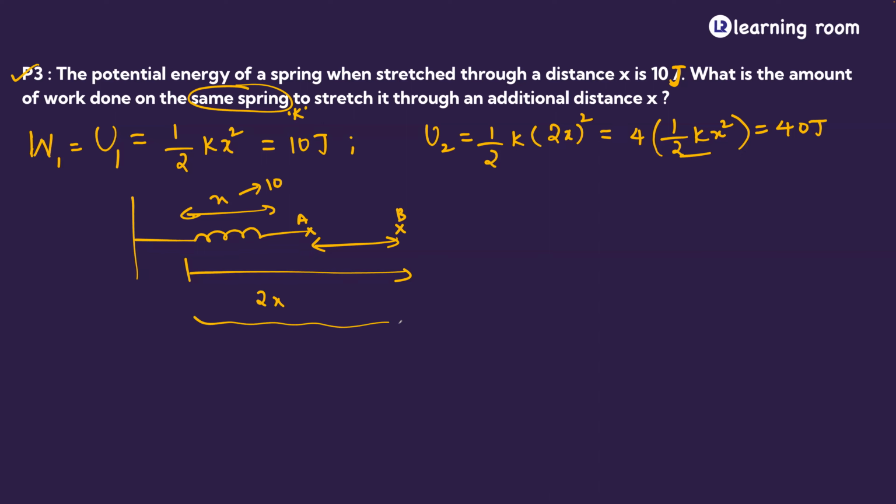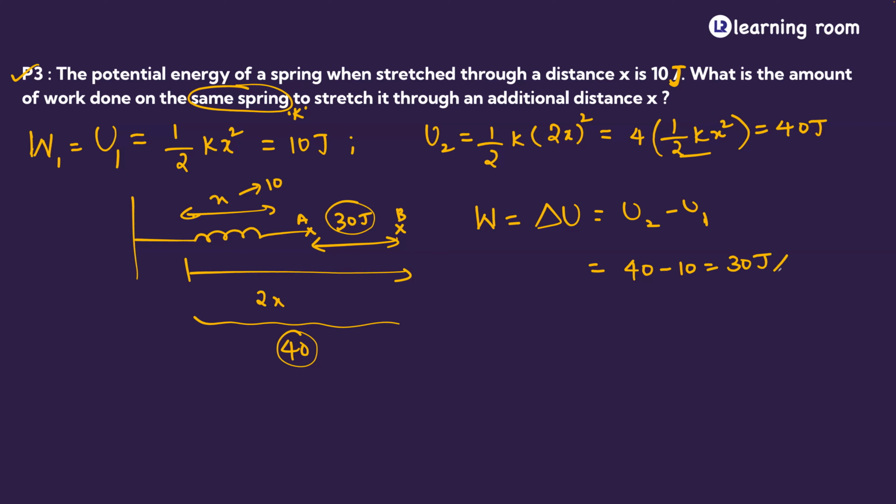So in this total, there is an energy of 40. So how much work should be done to extend it from A to B? 40 minus 10, it will be 30 joules. So how you will write it is, work that needs to be done is equal to the change in potential energy, that is going to be U2 minus U1, or this can be written as 40 minus 10, which is going to be 30 joule. That's the answer. Is the point clear? Right?